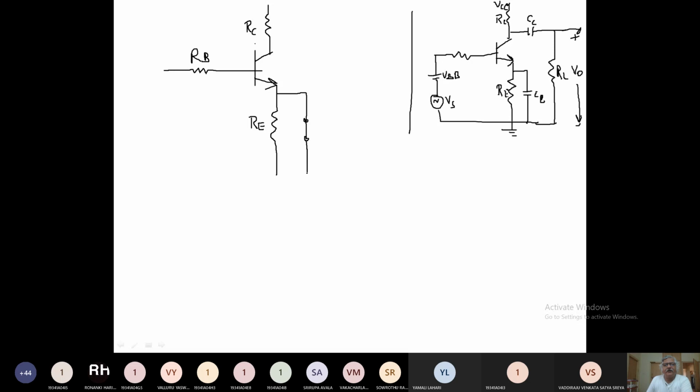We have to short circuit this, and this is our CE capacitor, and here we have the CC capacitor, that also is short circuited. This is the C capacitor, and here we have RL.